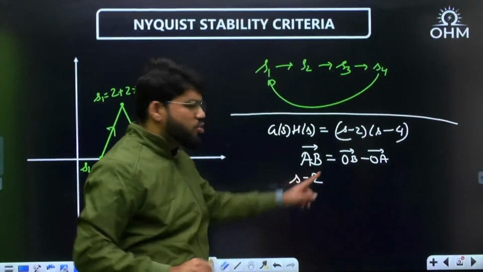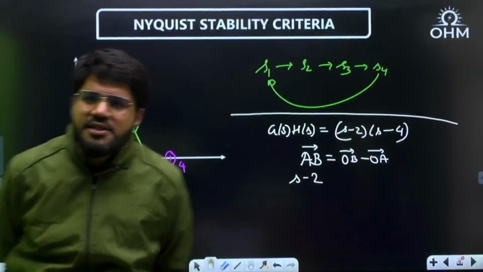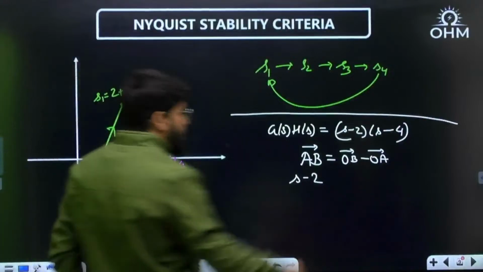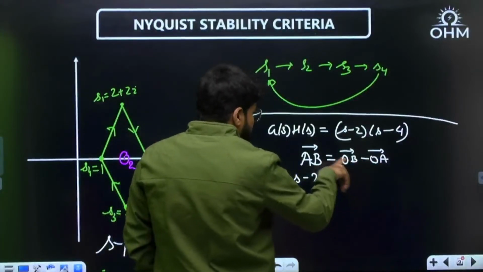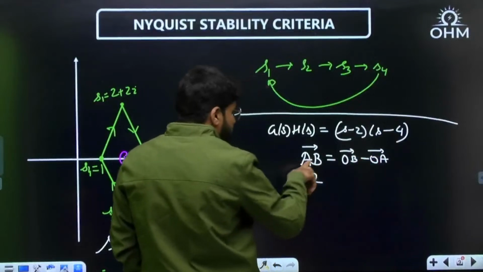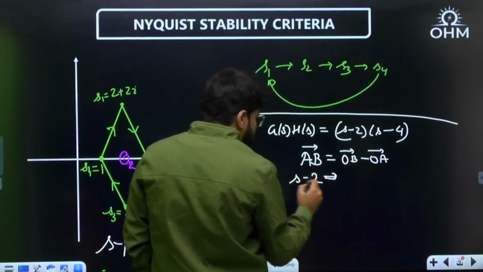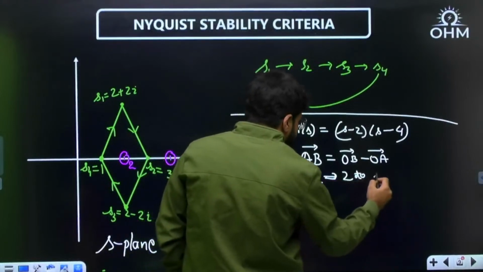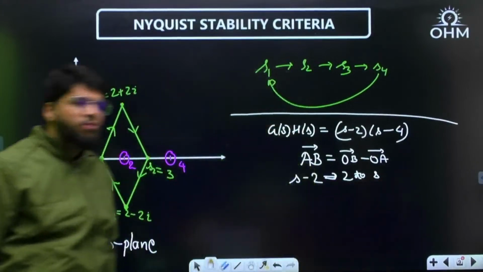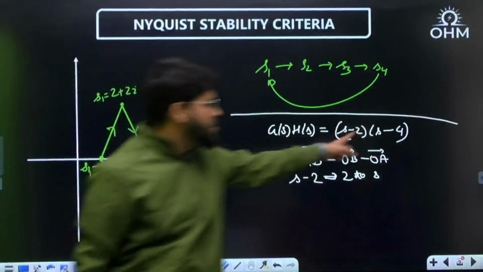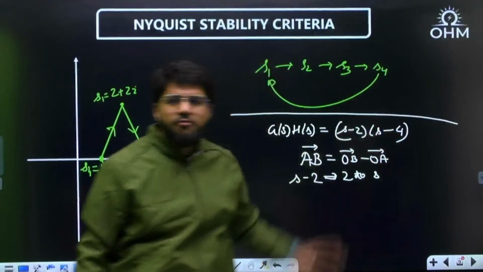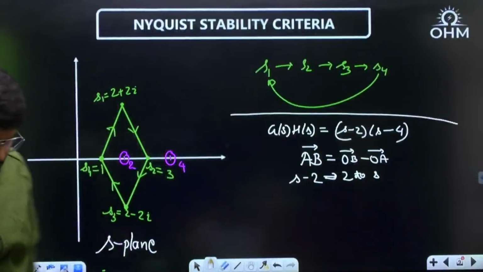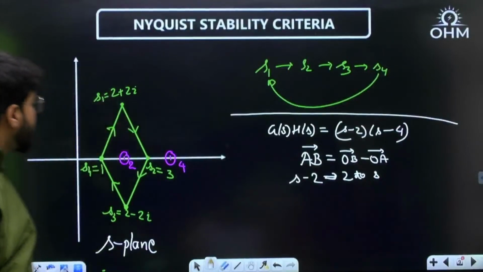If I have to draw the vector describing S minus 2, OB minus OA is a vector from A to B. So this should be a vector from 2 to S. Similarly, S minus 4 we can represent as a vector from 4 to S. Now come up here.